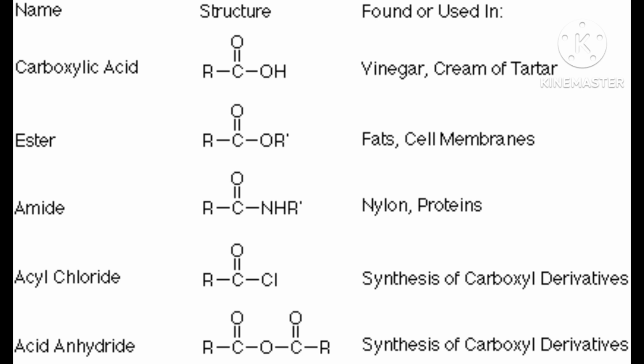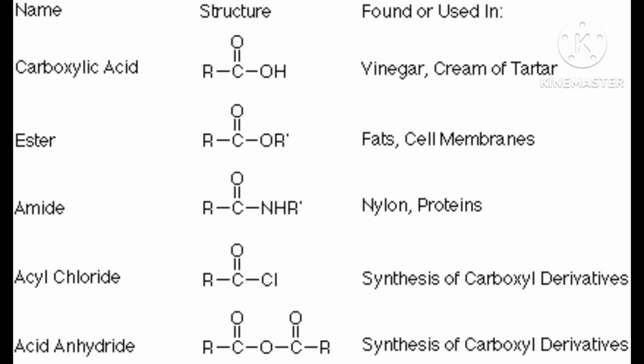For example, first acetone: carbon-oxygen double bond is there, one side CH3, other side also CH3, the same. This is the example of acetone, and the CO group is called ketone. If both sides the same group CH3 is attached, then it is called acetone.